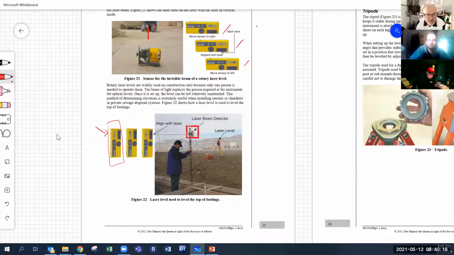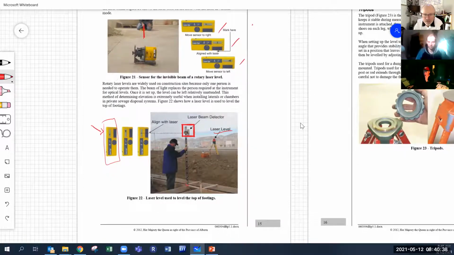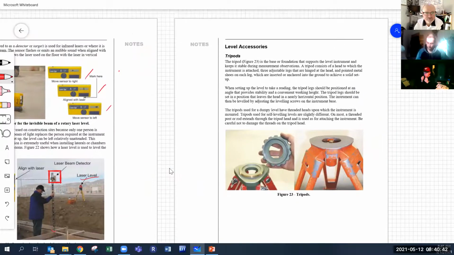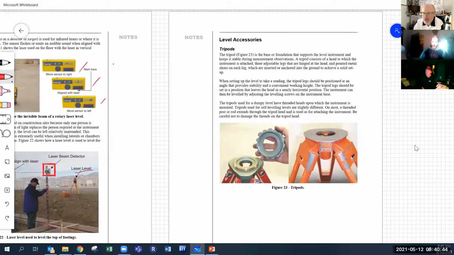That's a pretty big level, but he has it attached to a level, and then he has his laser level over here. So this is the detector, and he's determining the top of these footings, which is a good idea because then you get everything level. Not that we do top of footings, but sometimes we need to make sure things are level. Now, there's a couple of accessories in here.